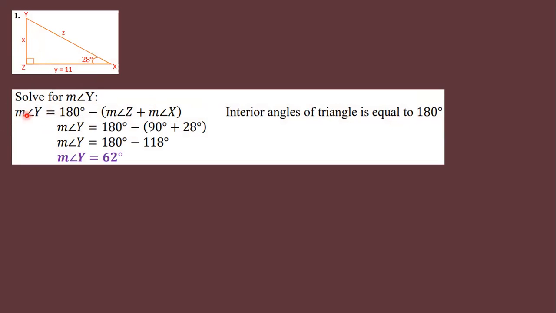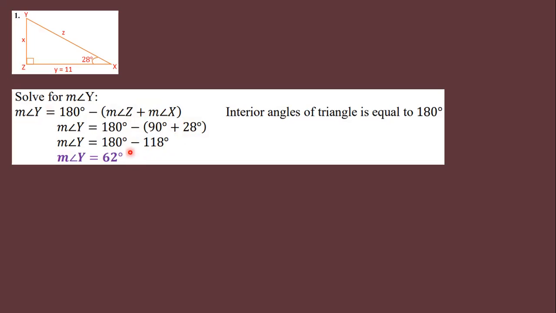Therefore, we derive the given here. As we substitute our 90 and 28, it will turn out like this. Substitute angle z, which is 90, and angle x, which is 28. Then 90 plus 28 is 118 degrees.